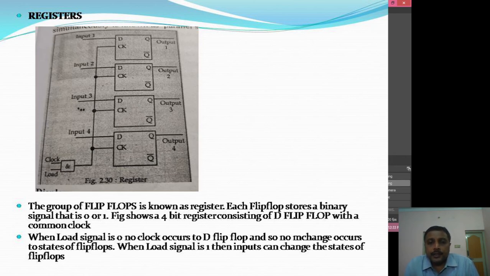When the load signal changes from 0 to 1, the inputs are changing, hence the states of the flip-flops will also tend to change. So a register is a group of flip-flops in order to store a 4-bit number. It can be 4, 8, 16, 32 or 64 bits. Depending on the bit size, the number of flip-flops increases.